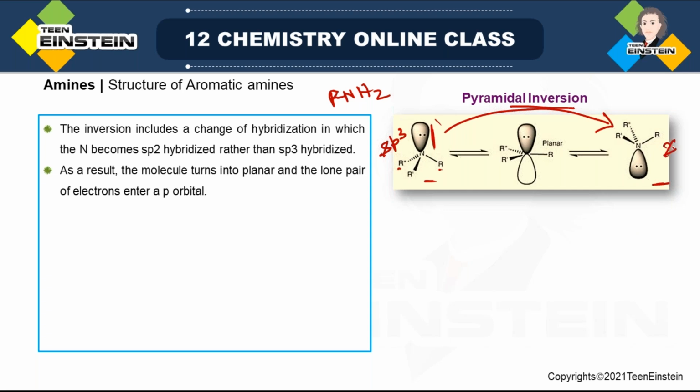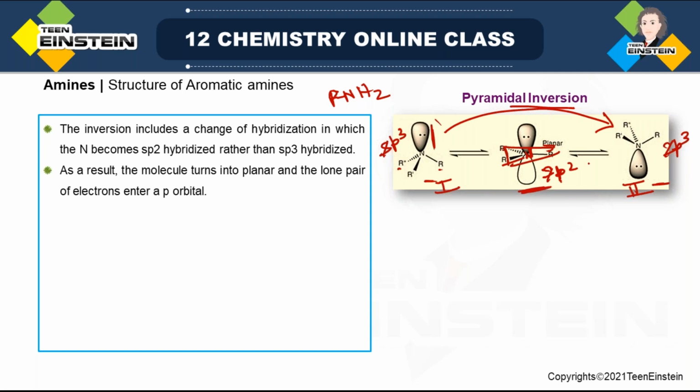Now this is also sp3, but when you are moving from position 1 to position 2, you have to go via this species. Now this species is sp2. See, here the nitrogen has a planar arrangement. All the 3 R groups are in the same plane and the lone pair is perpendicular to it. So this is as if a plane, and now it is sp2 hybridized.